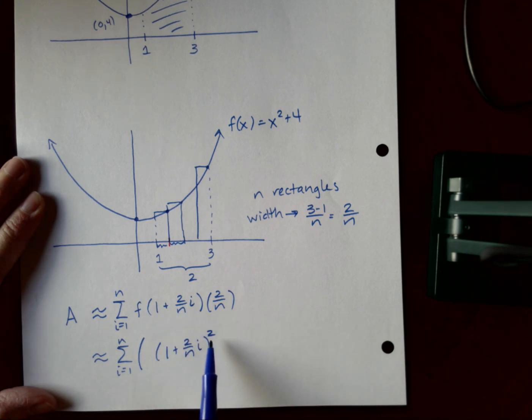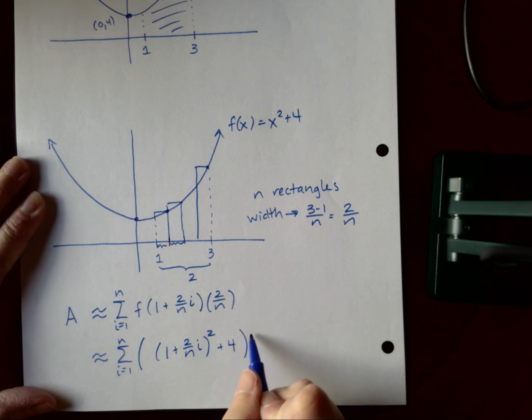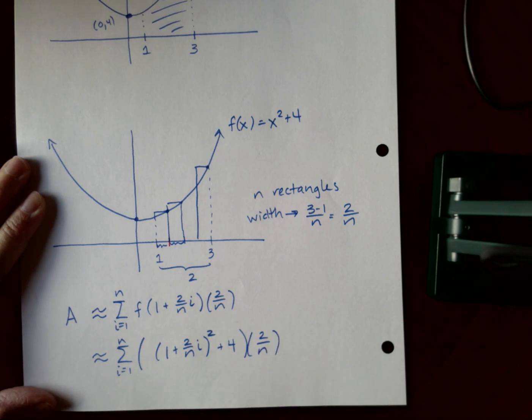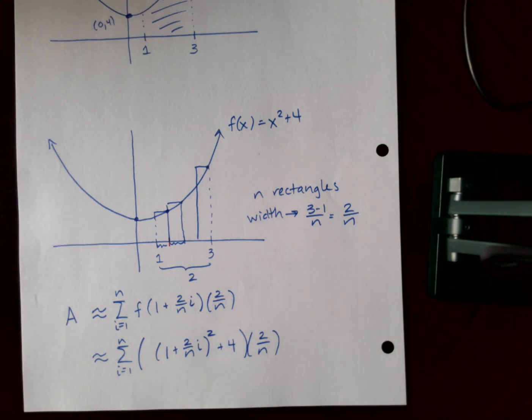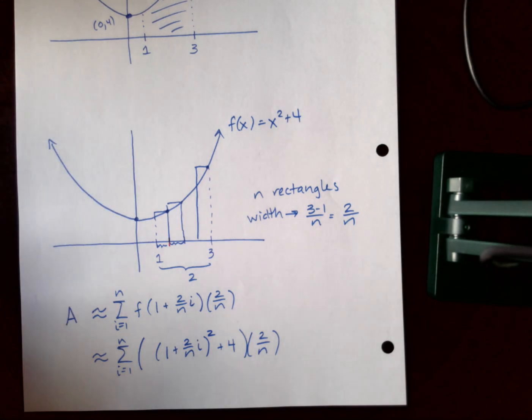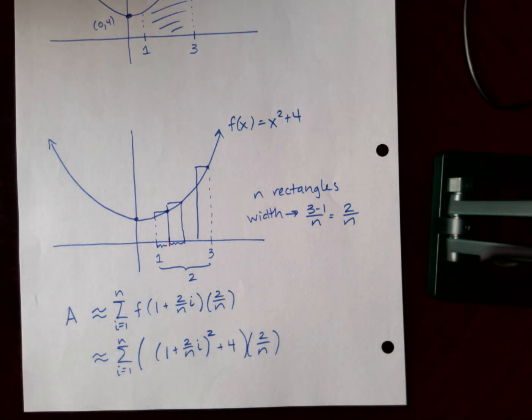The input gets squared, and then we add 4. And then we need to multiply that by 2 over n. And if you're thinking, oh my, it's looking messy and complicated, yep, it is, but we are here together. You're going to be fine.